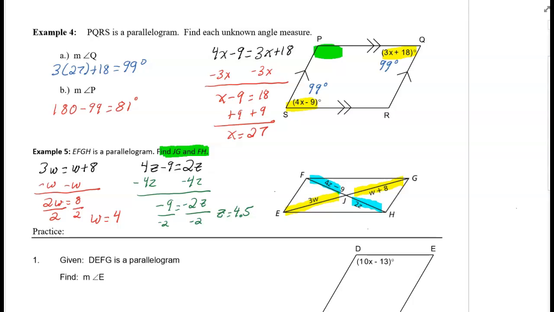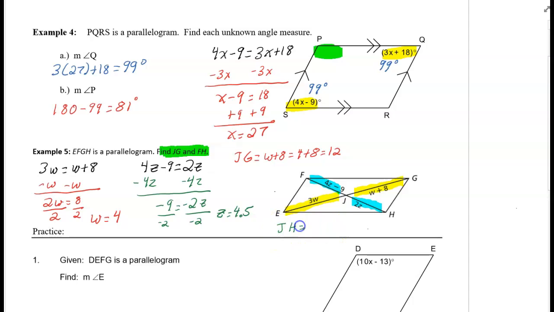So in order to find segment JG, JG is W plus 8, which will be 4 plus 8, which is 12. If I were to plug Z, which is 4.5, I can find JH.